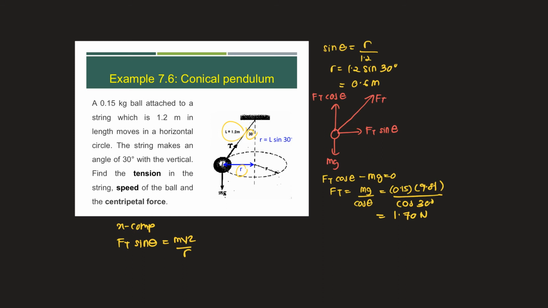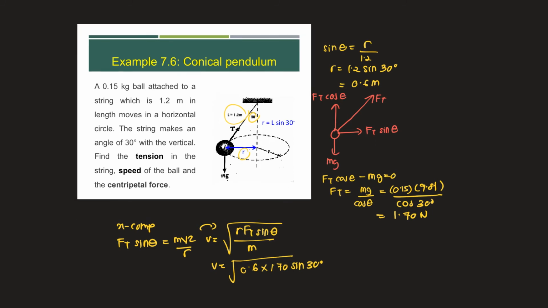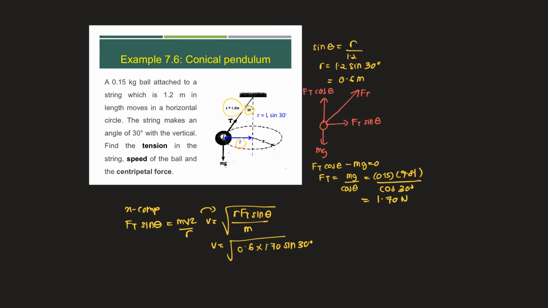So the speed is going to be the square root of r ft sine theta over m. r is 0.6 times the tension force sine 30, divided by m, which is 0.150.